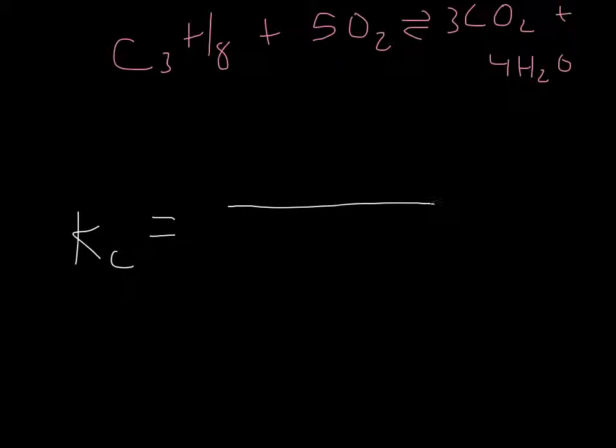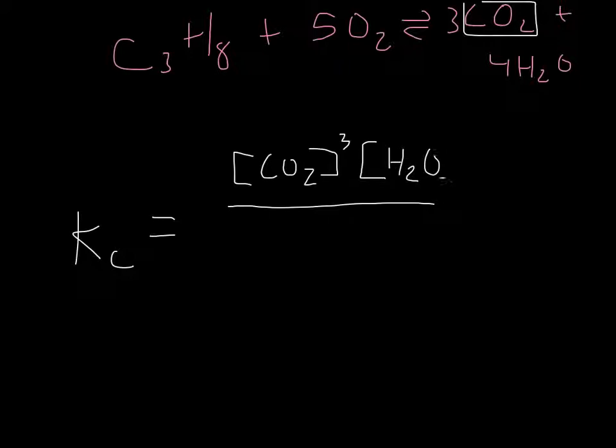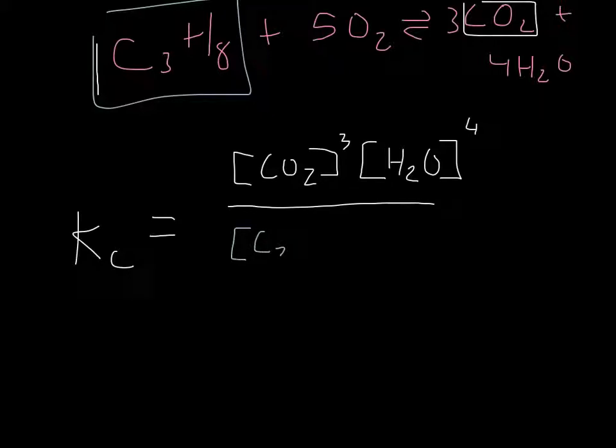Next, concentration of product 1 to the coefficient of product 1, times concentration of product 2 to the power of the coefficient of product 2, divided by, I can do this in a different color, concentration of reactant 1, which in this case is butane, I think.